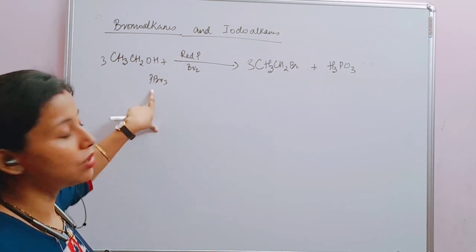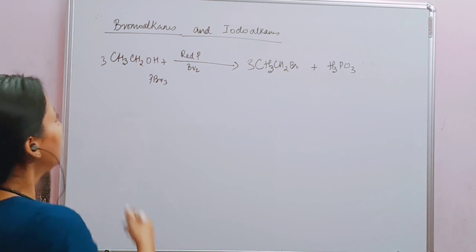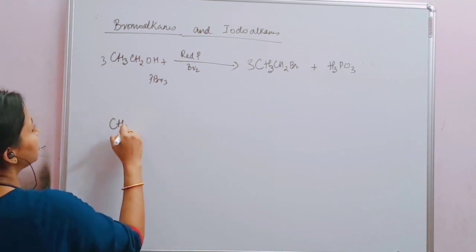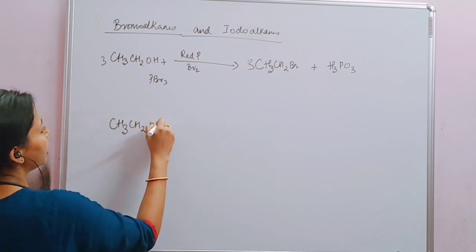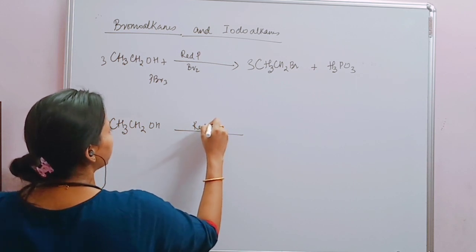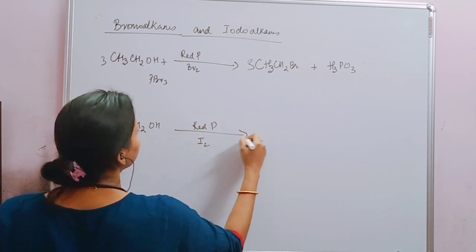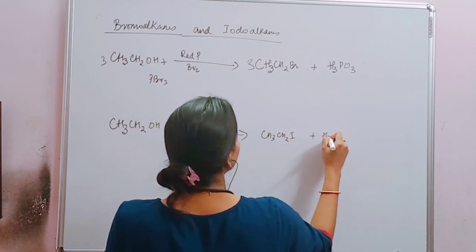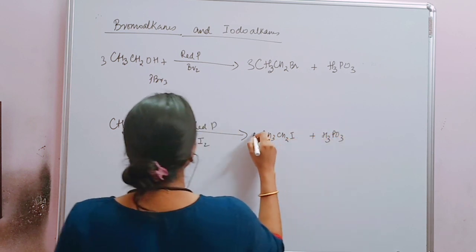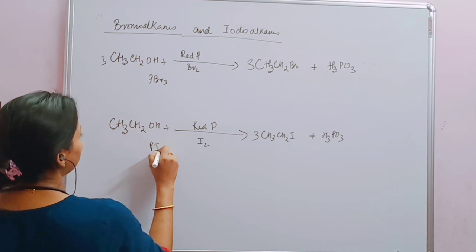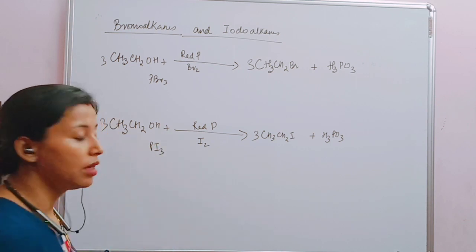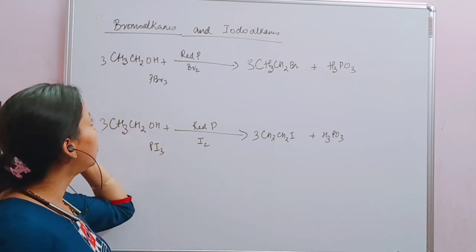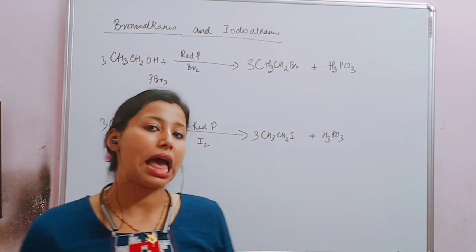Similarly, CH3CH2OH, red phosphorus and I2 will give you CH3CH2I plus H3PO3, with 3 here, through PI3. Clear?